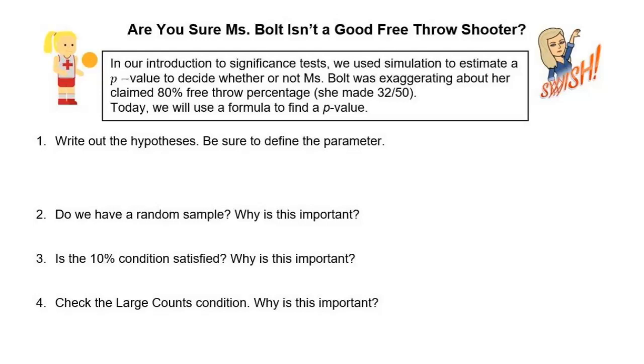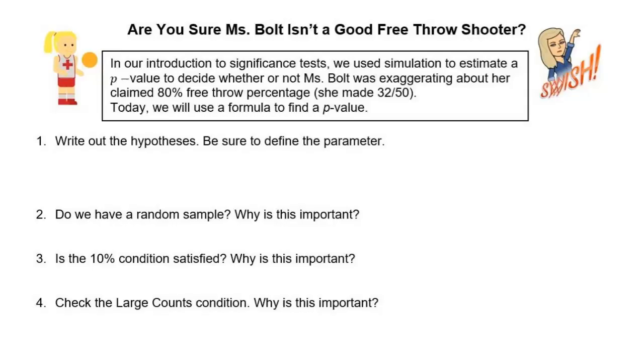So let's write out these hypotheses and be sure to define the parameter. What's the Ho here? What's the claim being made? Yeah, that p is equal to 0.80. What would the Ha be then? Would the Ha be that it's greater than, less than, or not equal to 80%? We could do not equal to.